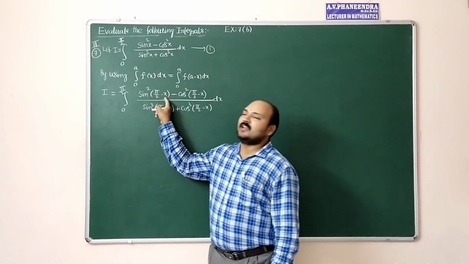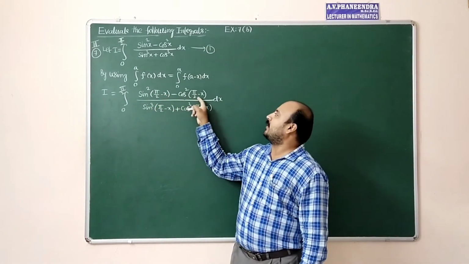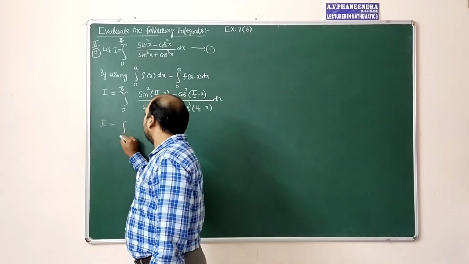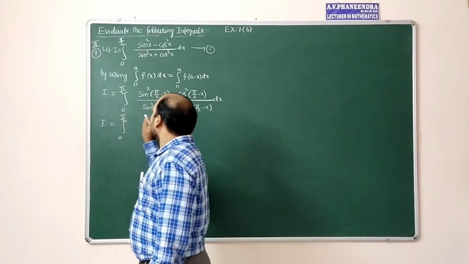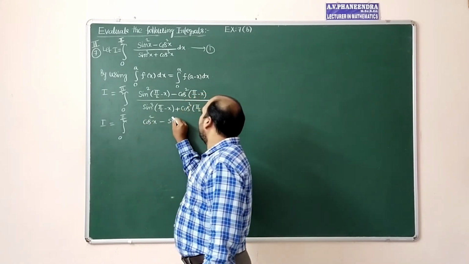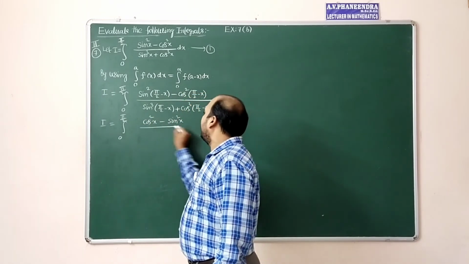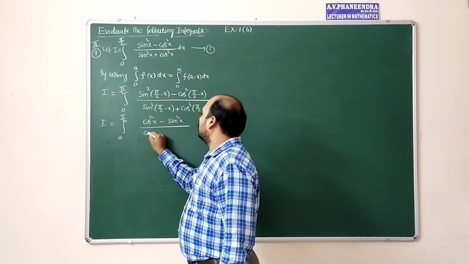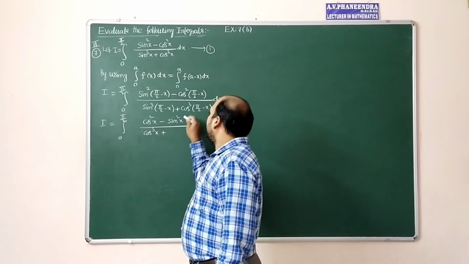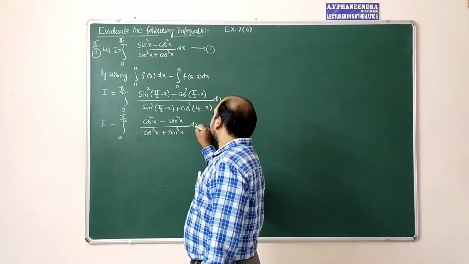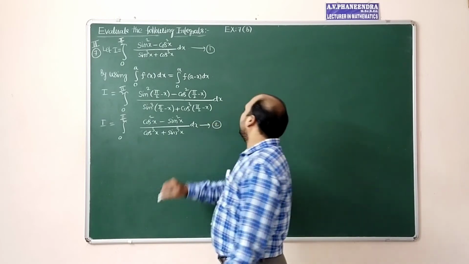Sine of pi by 2 minus theta is cos theta; cos of pi by 2 minus theta is sin theta. So I equal to integral 0 to pi by 2 of cos square x minus sin square x divided by cos cube x plus sin cube x into dx. You put that as equation number 2.